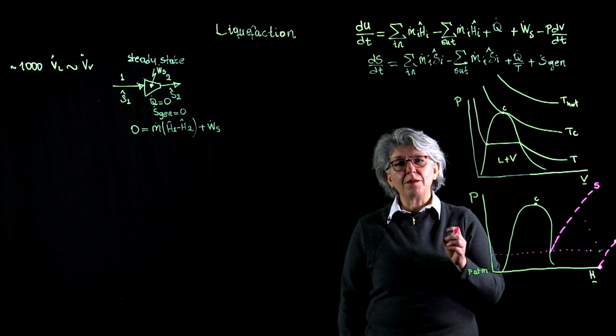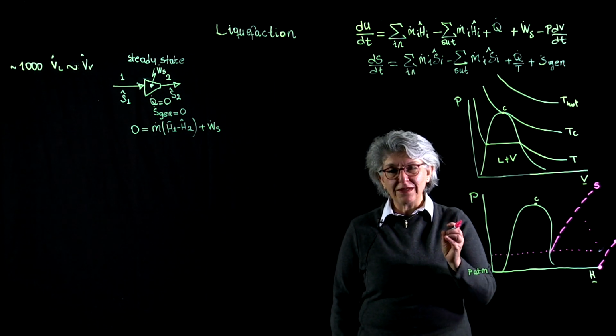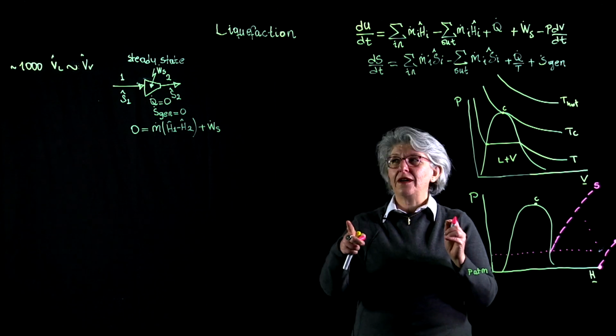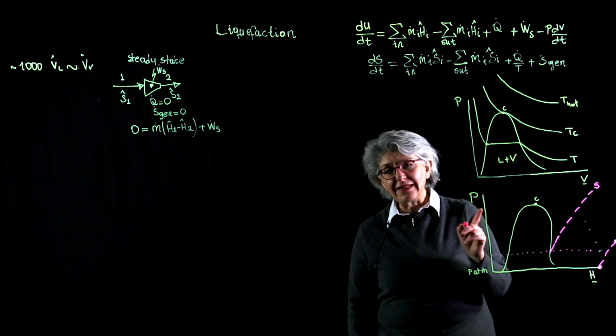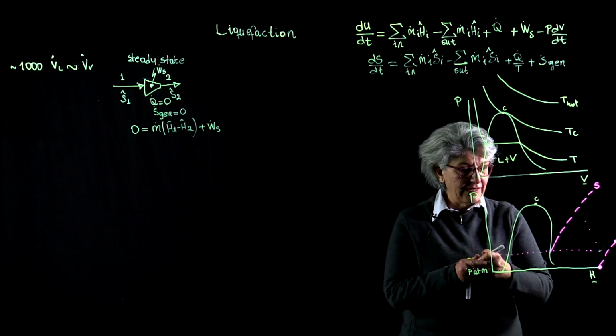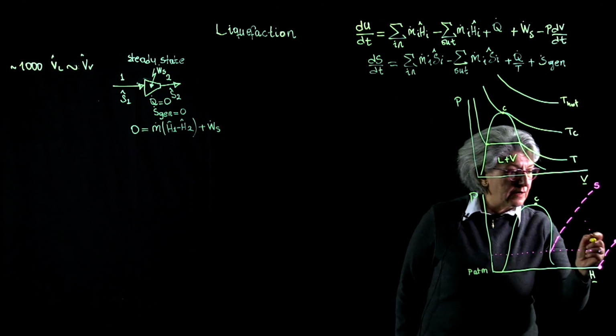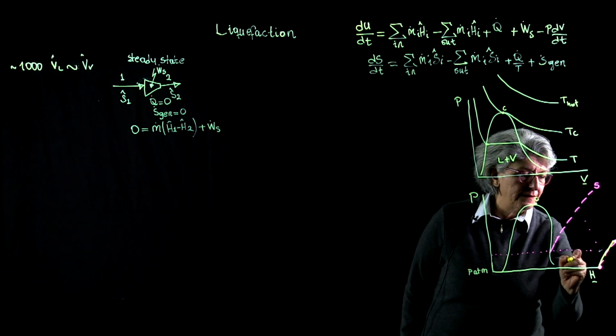At which pressure I'm going to decide to stop is a process of optimization, which I will come back to after I finish the whole process of compression. Now the next thing I'm going to do is, so this is adiabatic and reversible compression. This line belongs to my compressor.